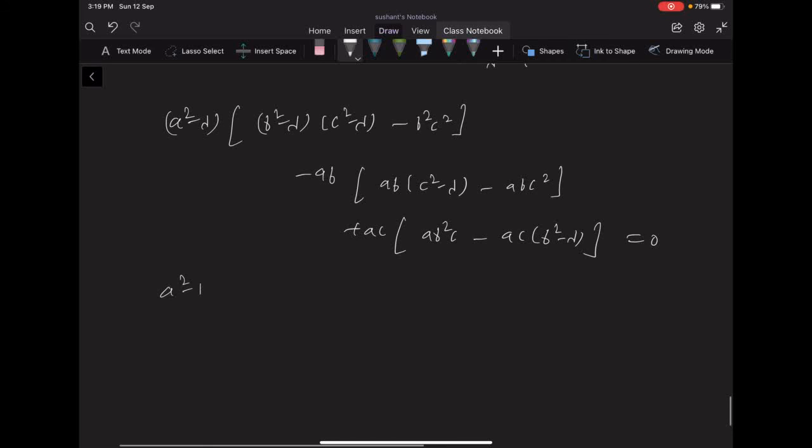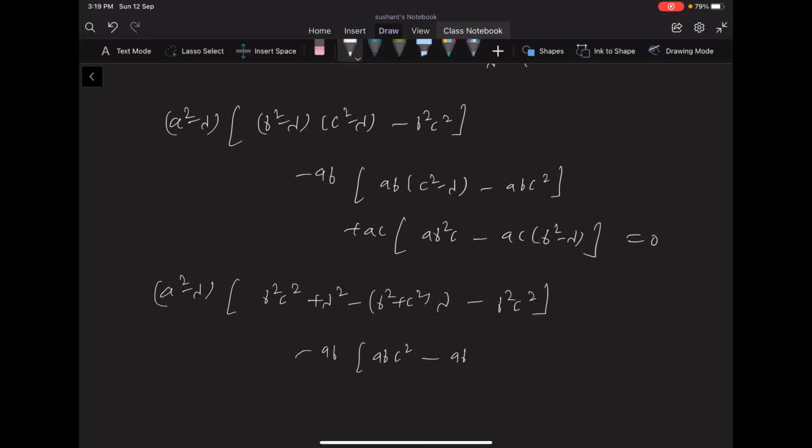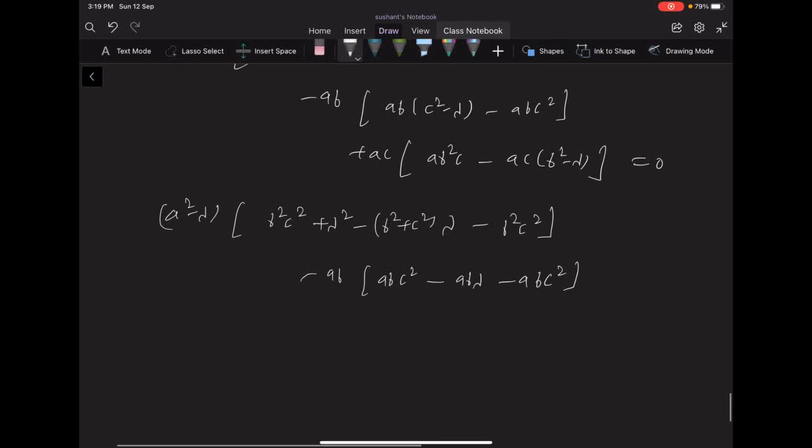Now we will multiply out: B square C square plus lambda square minus B square plus C square lambda, minus B square C square, minus AB times ABC square minus AB lambda, minus ABC square, plus AC times AB square C minus AB square C plus AC lambda equals 0.